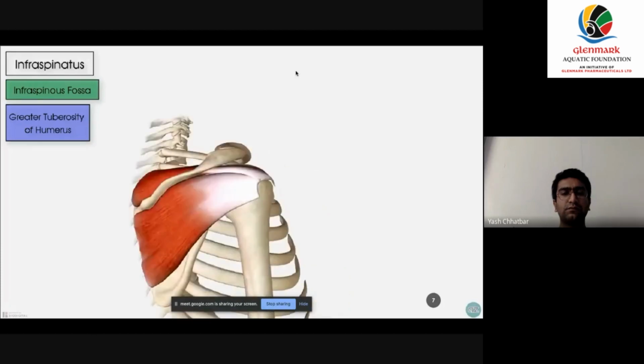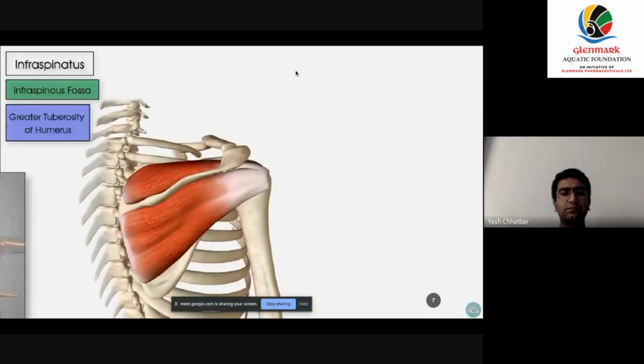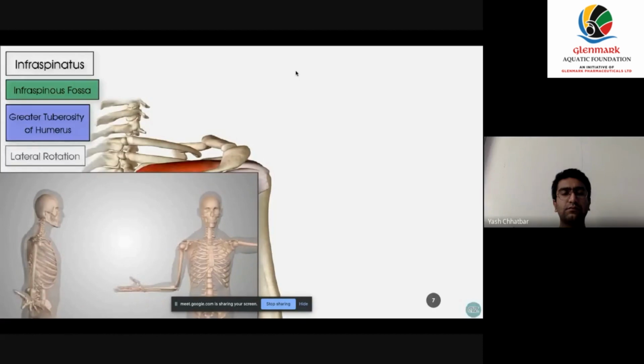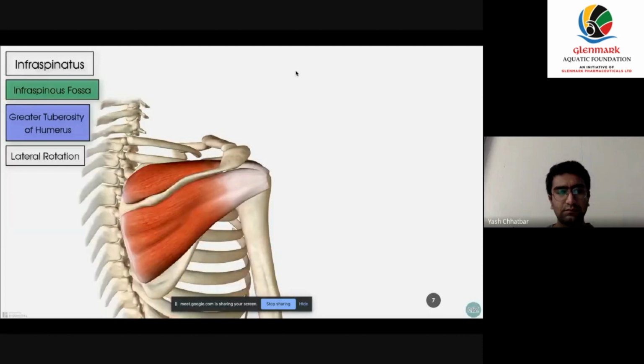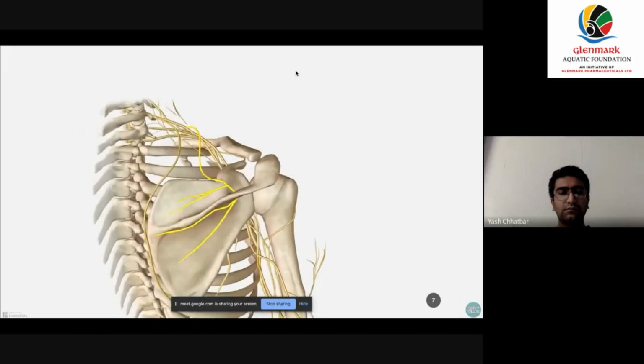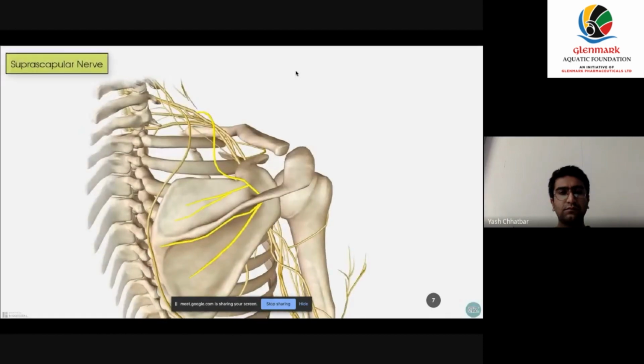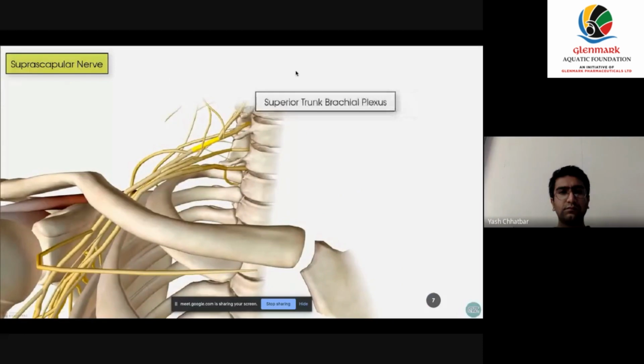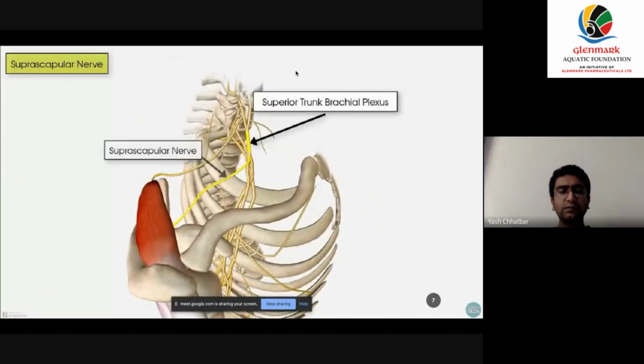In isolation, the infraspinatus muscle performs lateral rotation or external rotation of the humerus. It's worth noting that the supraspinatus and infraspinatus share a nerve supply derived from the suprascapular nerve, which comes off the superior trunk of the brachial plexus to supply both of these muscles.